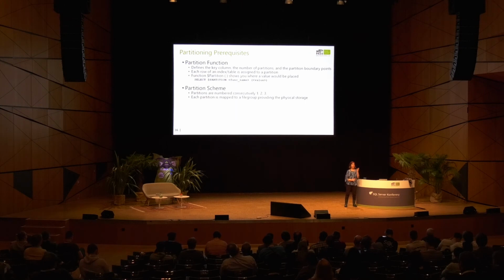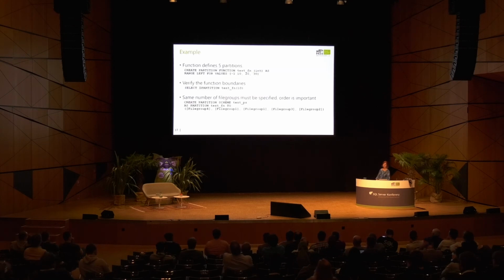So if you have 4 boundary points, that gives you 5 partitions: everything less than the first one, everything between the first and the second, between the second and third, between the third and fourth, and then anything greater than the fourth. That would be 5 partitions. You have to have at least 5 file groups. It doesn't have to be 5 different file groups, thank goodness, but it has to be 5 file groups mentioned.